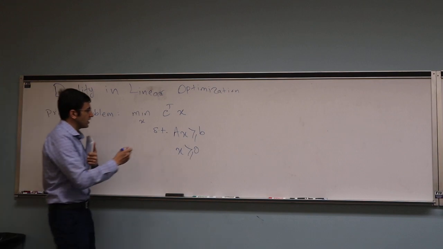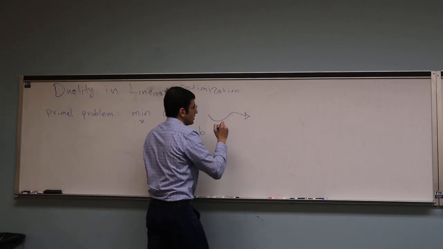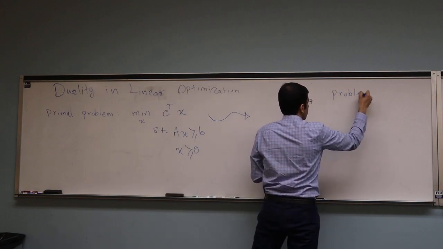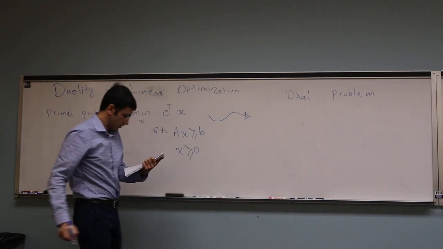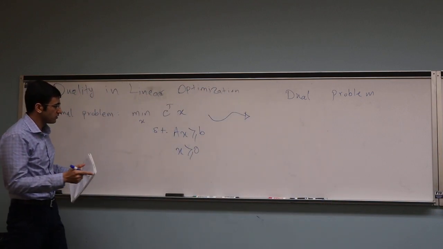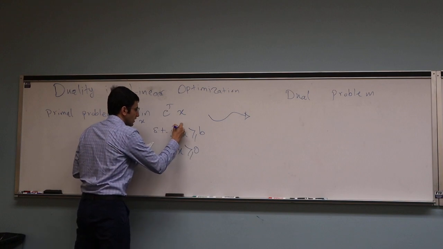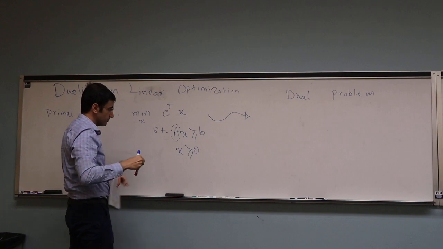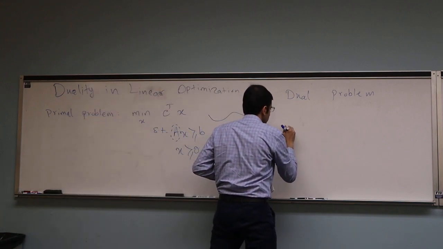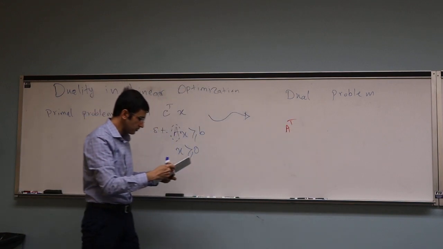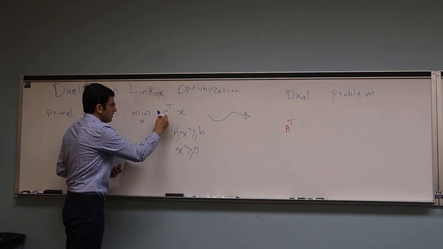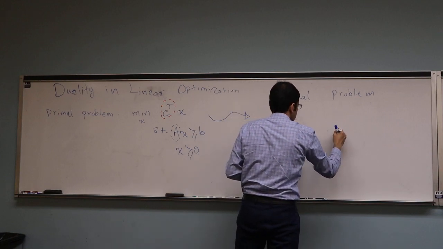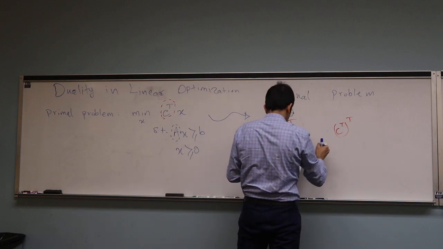In order to translate this into the dual problem, what we are going to do, first, we have the A matrix, so we are going to find A transpose. Then we have C transpose here, and we are going to use C transpose transpose.